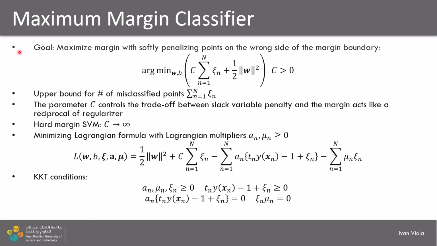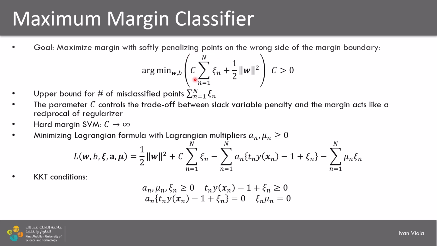Therefore, our goal will be to again still maximize the margin while softly penalizing the points on the wrong side of the margin boundary. So here we want to minimize the distance, which we found out previously, that's how we want to minimize this term by optimizing the w and the bias.